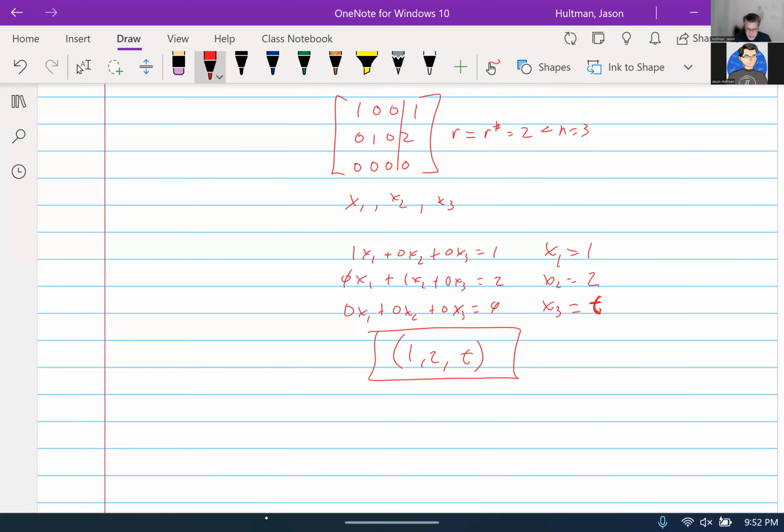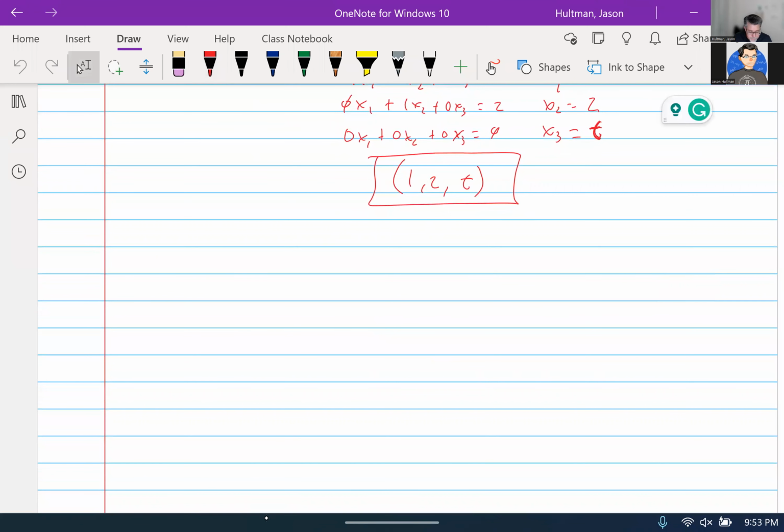That's a reduced row echelon form, so that's Gauss-Jordan elimination there. Okay, let's do our second example here. Determine the solution set.